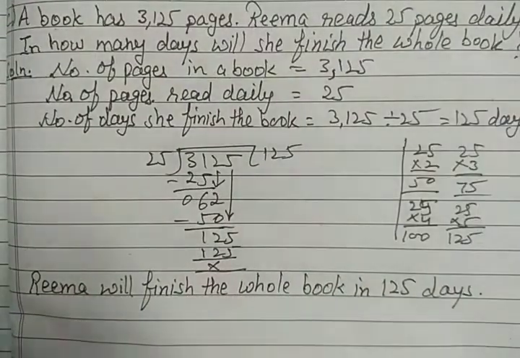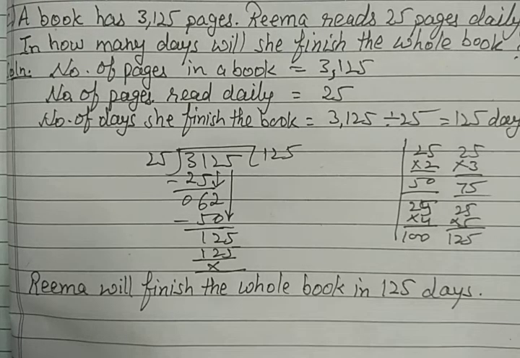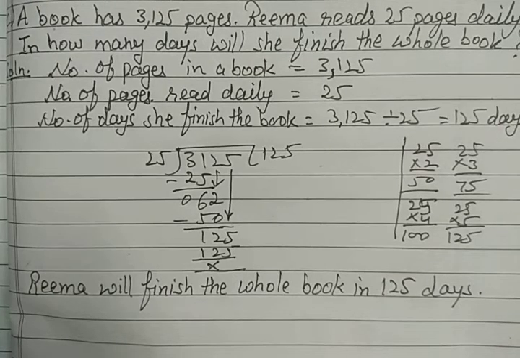So when we have to distribute the thing in equal parts, equally distribute, then we will divide. Equal distribution is called division. So whenever we have to distribute the things equally, then we have to divide.